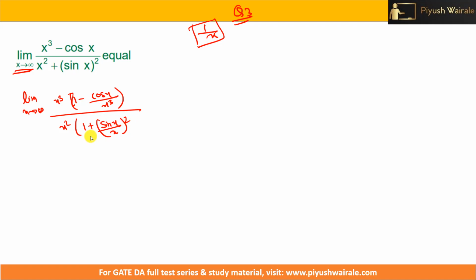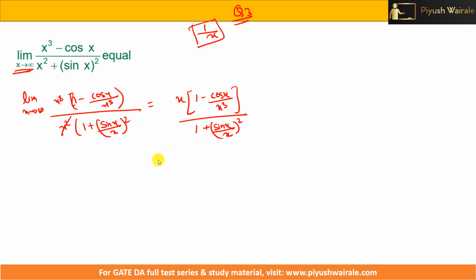Now x square and this will get cancelled. So what we are getting? x into 1 minus cos x upon x cube, upon 1 plus sine x upon x square.